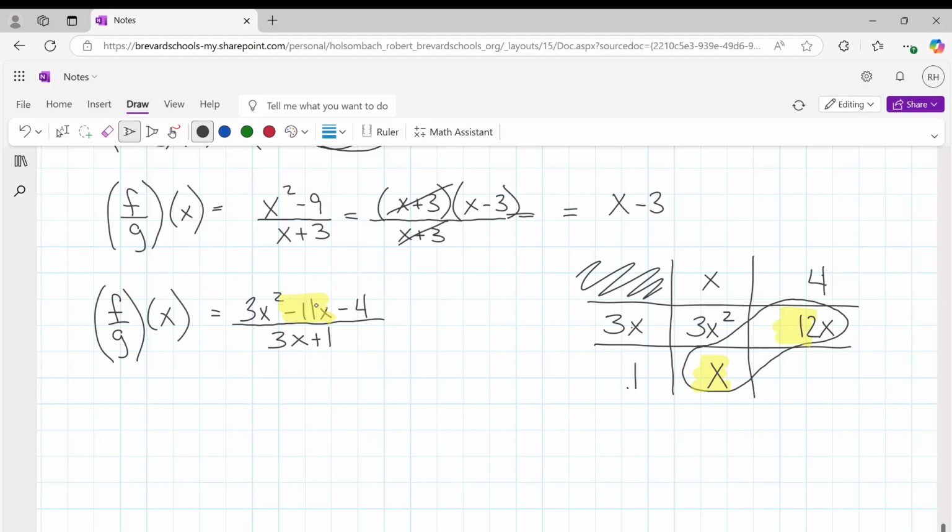Now this 11x in the middle needs to be negative. That means that if we're going to combine a 12 and a 1 to get to a -11, well then the 12 needs to be negative. If this 12 needed to be negative, when this 4 got multiplied by 3x, the 4 would have needed to be negative.